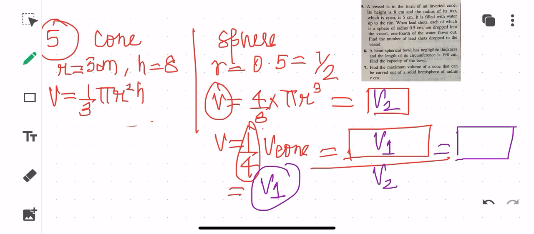Means what, children? Whatever is the volume of the cone, 1/4 of its volume is coming out. So that much is the volume of the spheres.